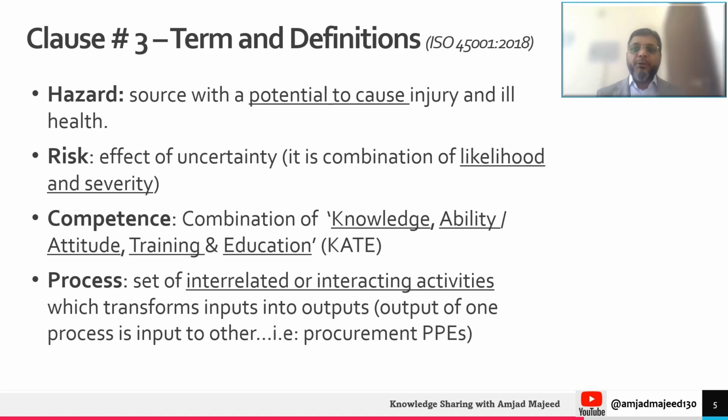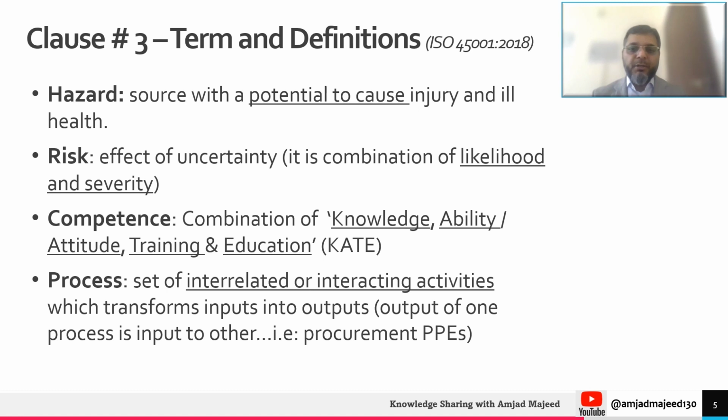Now it comes to the process. What is a process? If you go with the definition, it is interrelated and interacting activities. To understand that in an easy way, the output of one process or department can be the input for the others. For example, I'll quickly give an example of the procurement process. In any project, process or production, wherever you are working, if you need any personal protective equipment, what do you do?